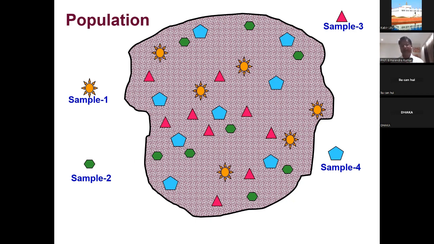In villages, he is taking samples from four portions. So there are four: sample one, sample two, sample three, sample four. The colors designate what the samples are, and based upon the findings, a person proceeds further. So this is the sampling method. There is another sample, the fifth, which is also designated here.